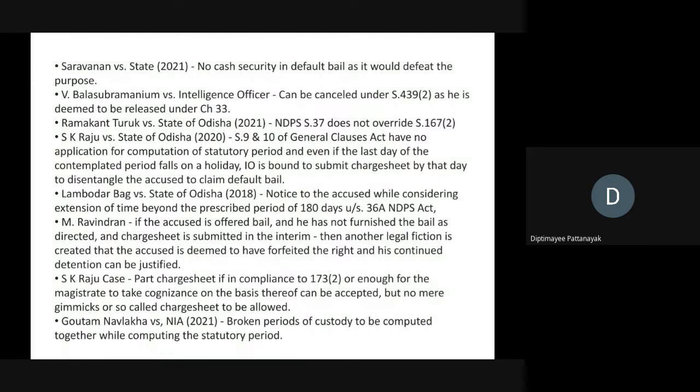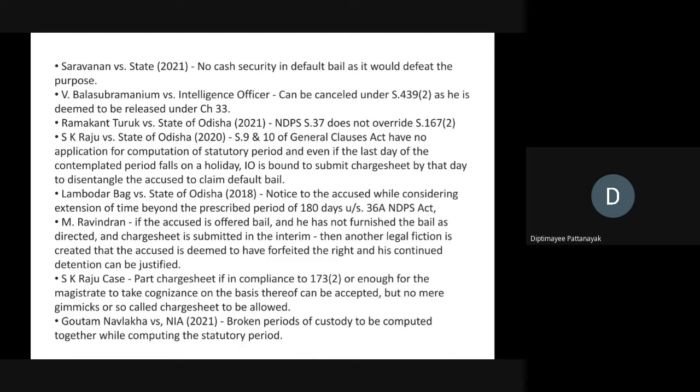Section 10 of the General Clauses Act says that if the last date of any statutory period falls on a holiday, then another extra day can be given for compliance. By and large, you can please go through Sections 9 and 10 of the General Clauses Act, which will say this.